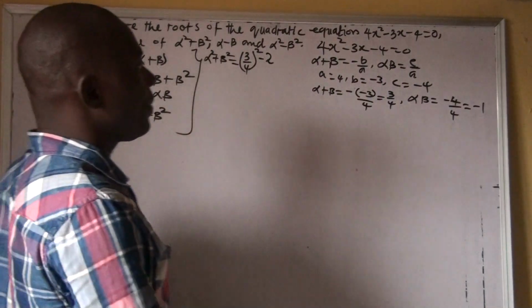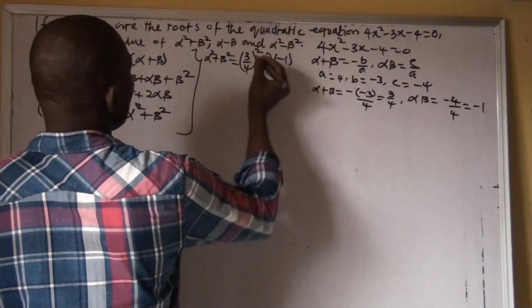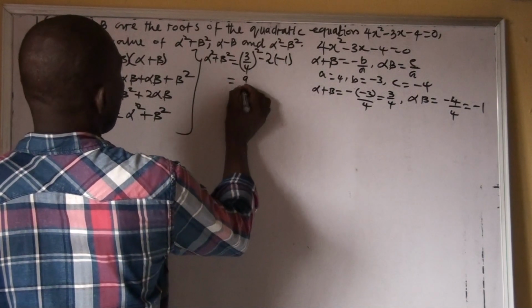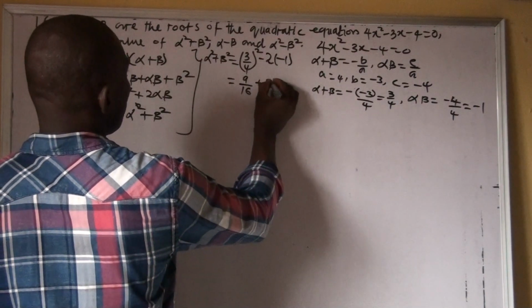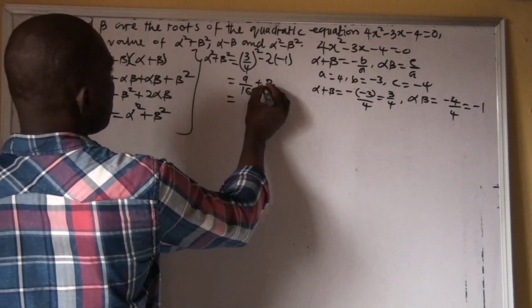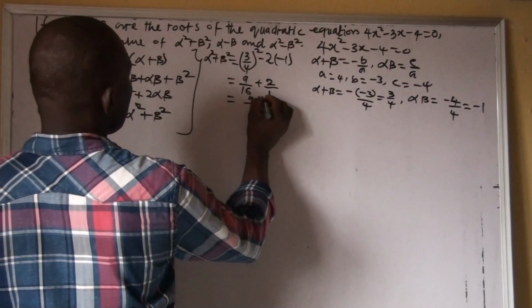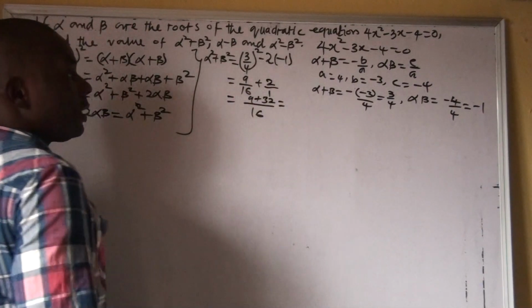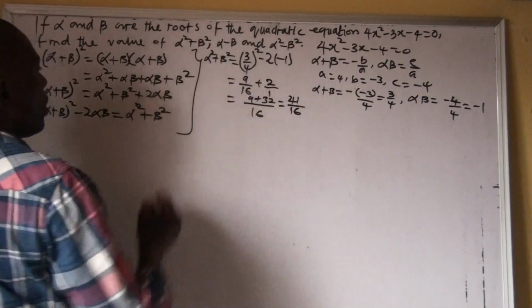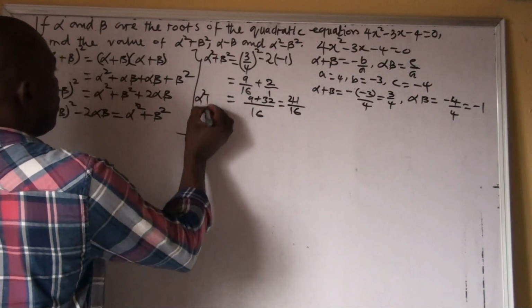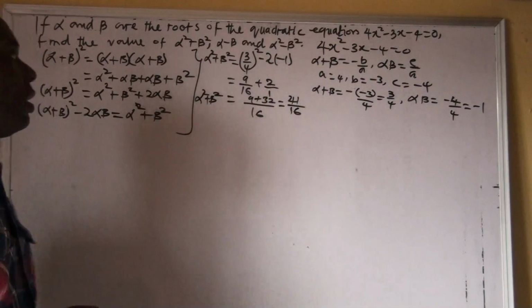We know that alpha beta is minus 1, so we put minus 1 here. If we do this, it becomes 9 over 16 plus 2, since minus 2 times minus 1 gives us 2. As a fraction, that is 9 plus 32 over 16, and that will give us 41 over 16. So we are able to use this transformation to obtain the value of alpha square plus beta square.